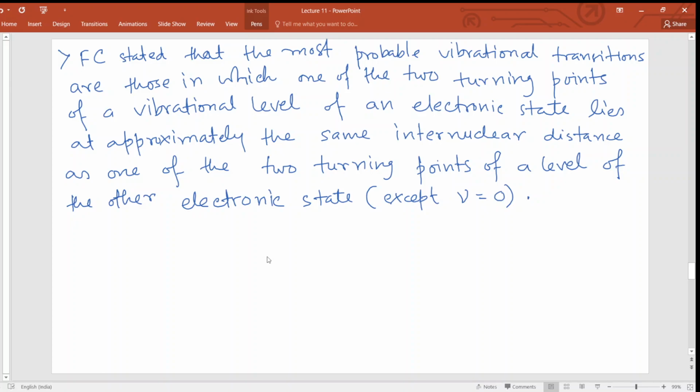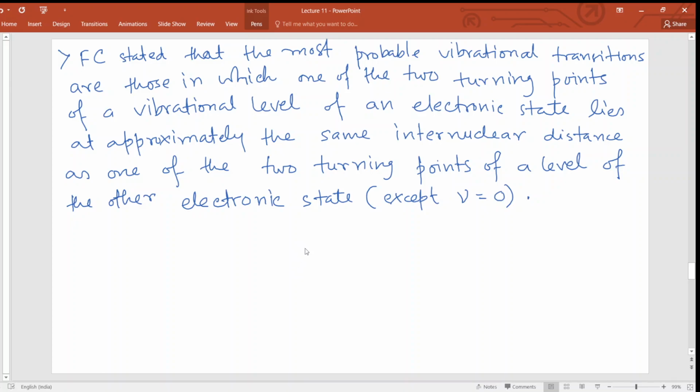So if we want to know the most likely vibrational transitions, we have to look at these psi square graphs.